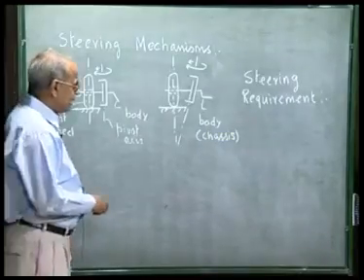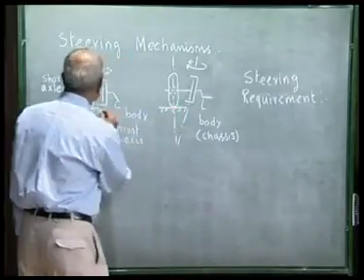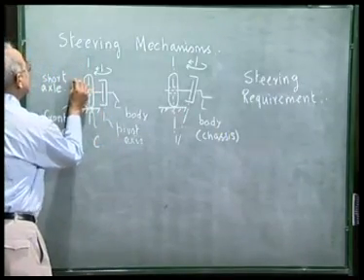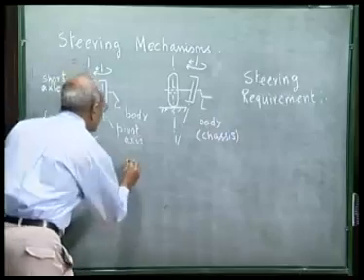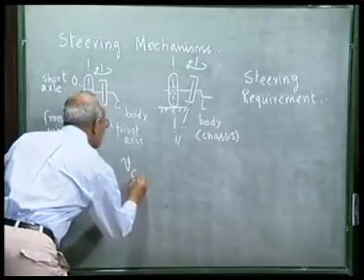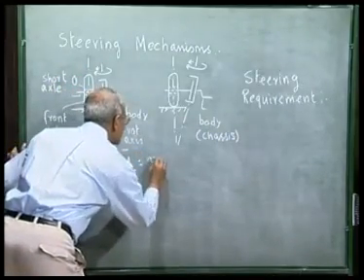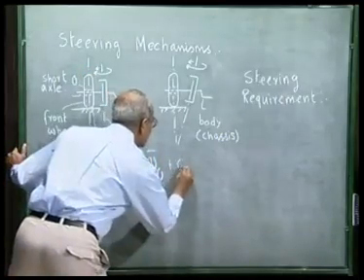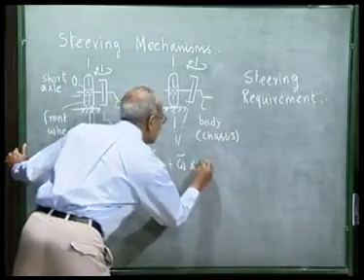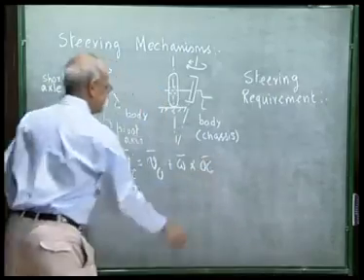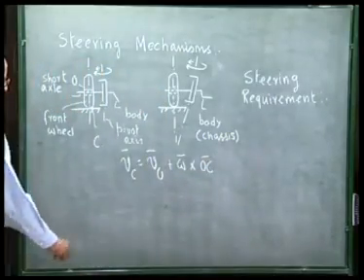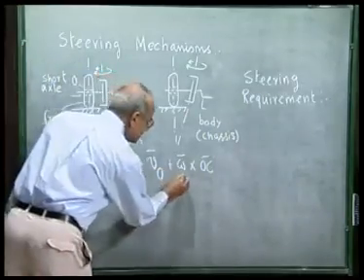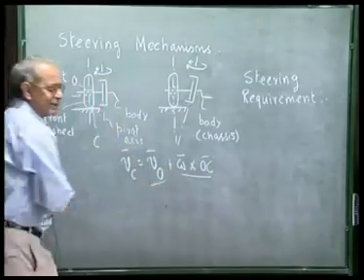It is easy to see that if I consider this contact point, say C, and the center of the wheel, which I call O, we know the velocity of C is the velocity of the center of the wheel O plus omega of the wheel cross OC. Now, for Vc to be 0, this vector must cancel this vector.